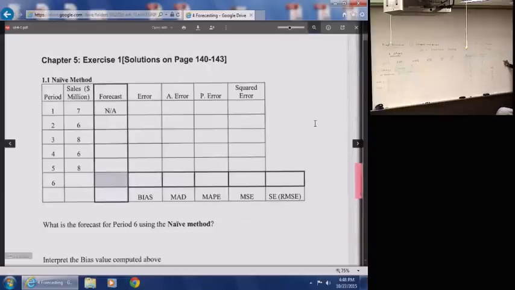The next would be 1, since the absolute value of -1 is 1. Then 2, 2 and 2. For the average absolute error, we just take an average of these numbers: 1 plus 2 plus 2 plus 2, that is 7 over 4. This is MAD.